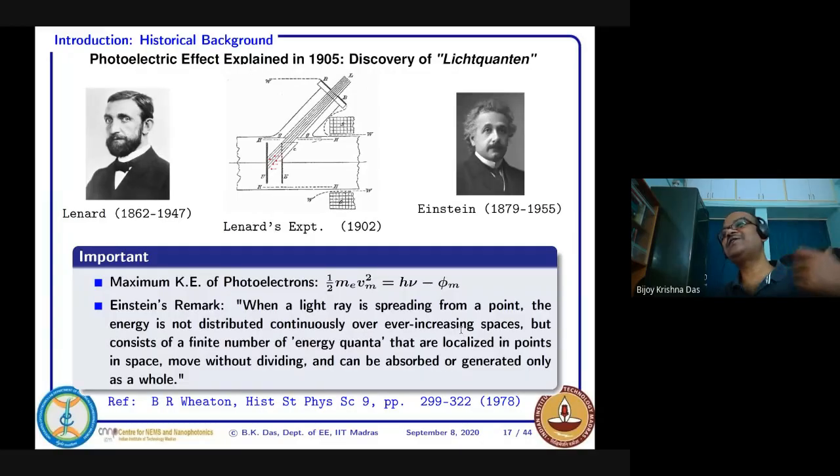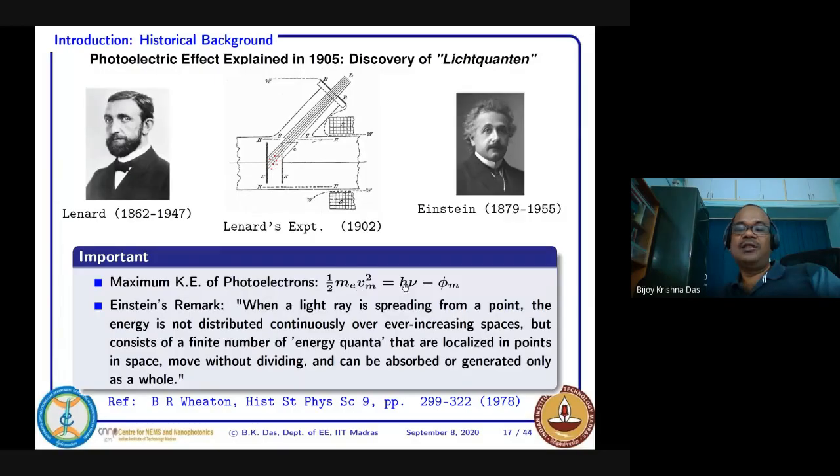Suppose a beam of light is coming, Einstein thought, okay, energy is not distributed everywhere. It is actually like a point. At a particular point some energy is consolidated, and maybe in the neighboring space, nothing is there. It consists of a finite number of energy quanta that are localized at points in space, move without dividing, and can be absorbed or generated only as a whole.